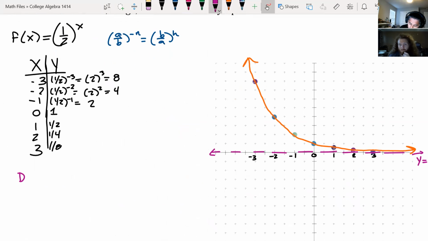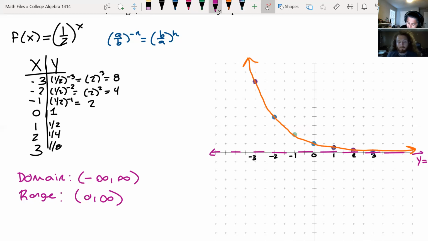Okay. So since this is an exponential function, the domain is still all real numbers. The range is still the same, 0 to infinity, and your horizontal asymptote is at y equals 0.